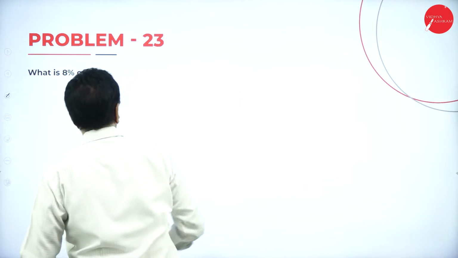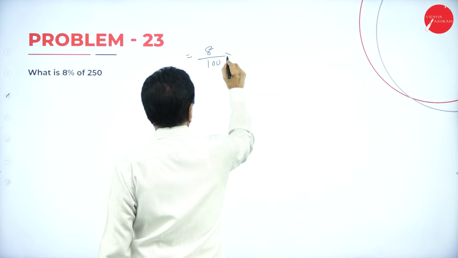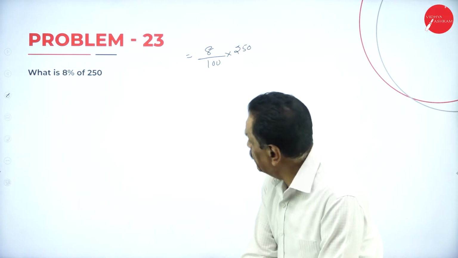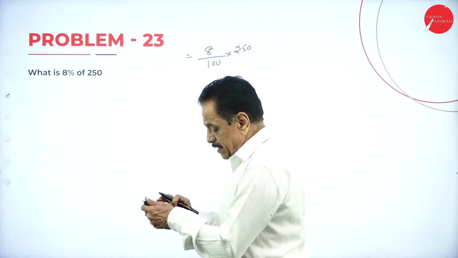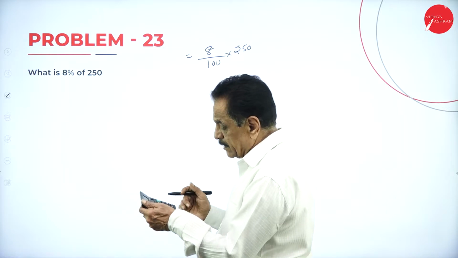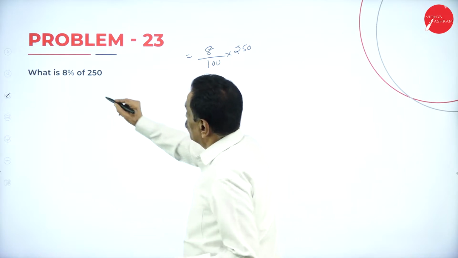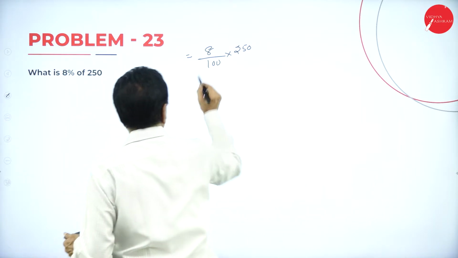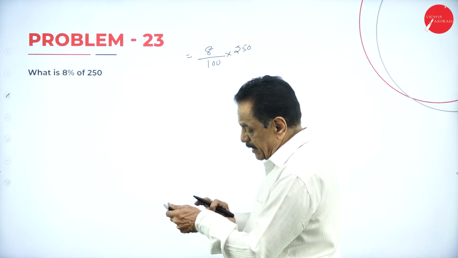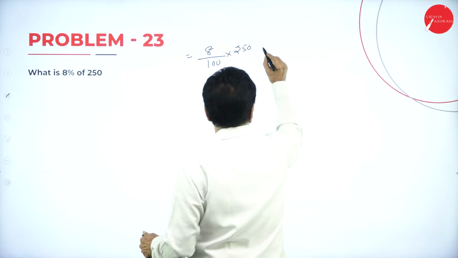Then, what is 8% of 250? It is 8 by 100 into 250, which is 20.